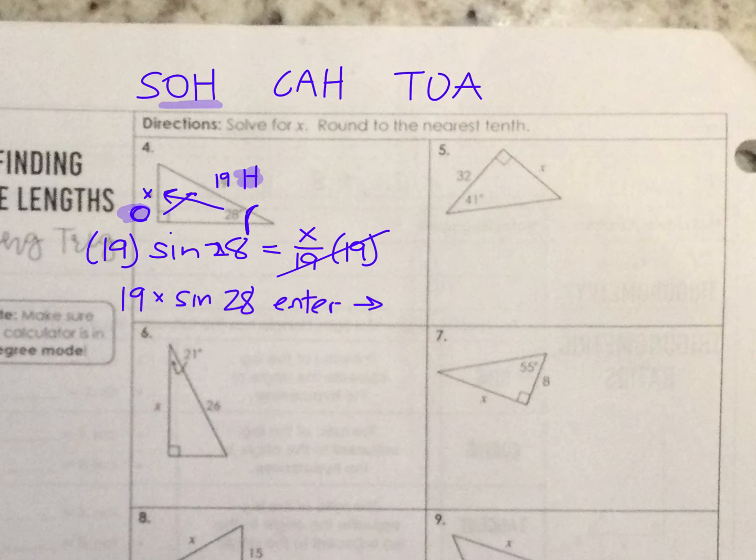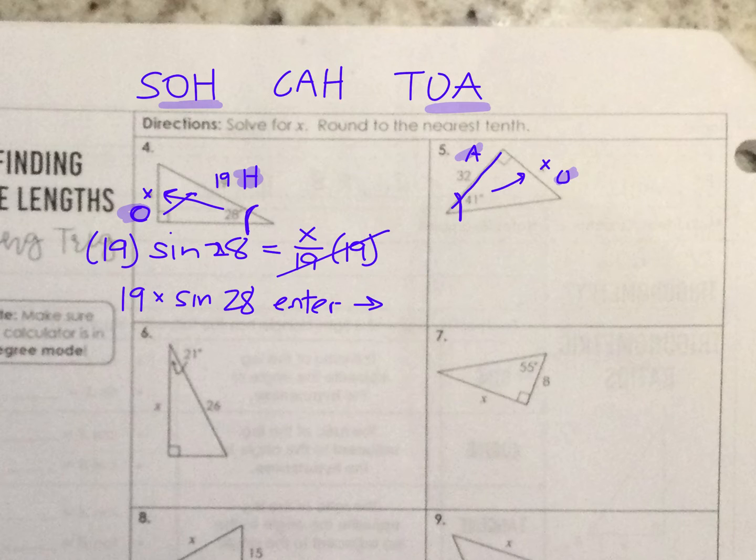For number 5, I'm working with this 41-degree angle. So I know that the X is going to be opposite the 41. And this 32 right here, that's adjacent. So I have an O and an A. When I have an O and an A, I know I'm dealing with tangent.